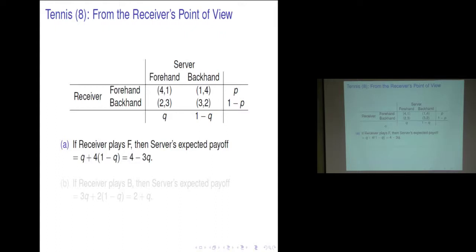If the receiver predicts forehands, then the server's expected payoff will be 1 times Q, plus 4 times 1 minus Q. Now, if the receiver plays backhand, similarly, the server's expected payoff will be the payoff times the probability: 3Q plus 2 times 1 minus Q. So this is 2 plus Q.